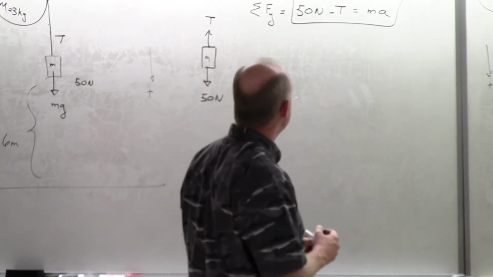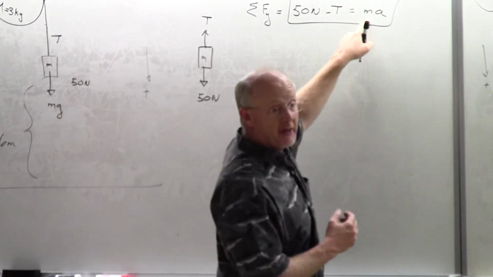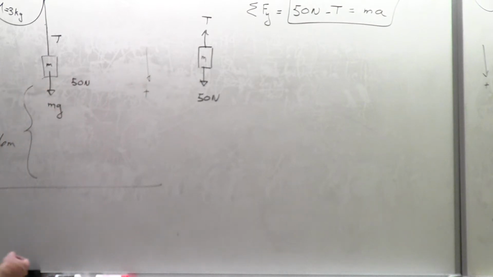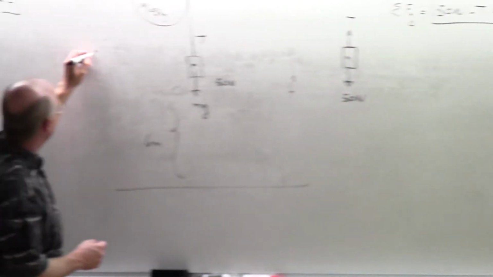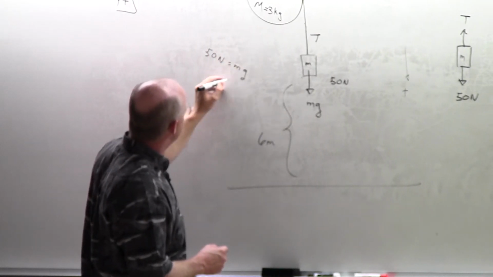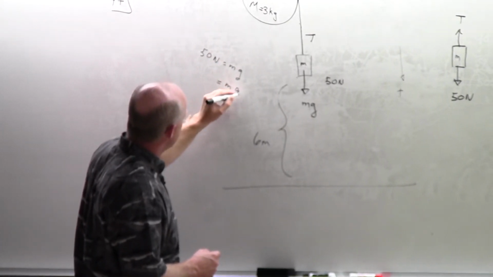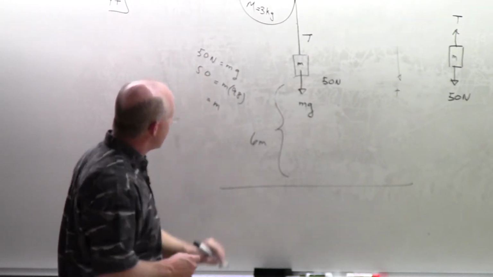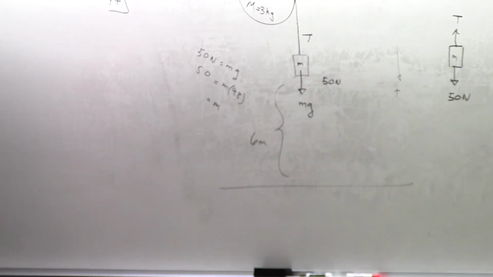I can put in my numbers here. Maybe I'll start here with m. I can solve for m. They didn't give me that explicitly. It's back here. They did tell me that the 50 newtons is the mg. So that is 50 divided by 9.8, and so this m is probably a 5, maybe it rounds to 5.1 or something.